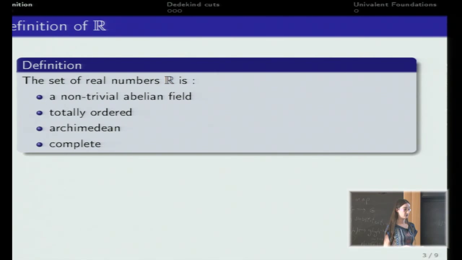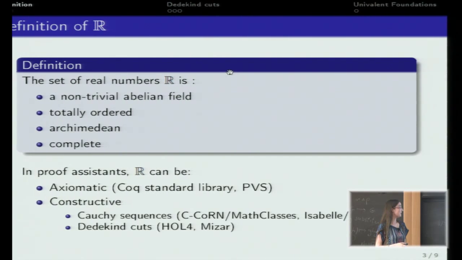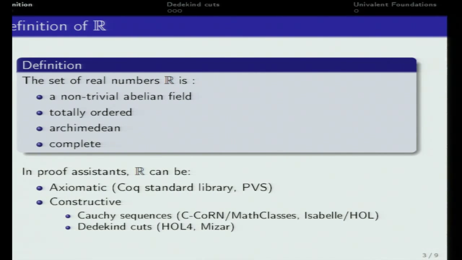There are various ways to formalize real numbers. And in proof assistants, we can find axiomatic real numbers, axiomatic when we only set all the properties and use them. Or we can use constructive real numbers, where we build a set of numbers which satisfies all these properties.